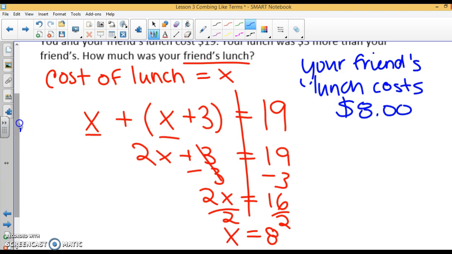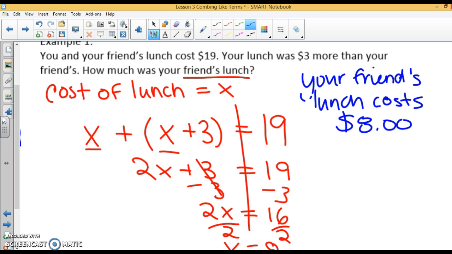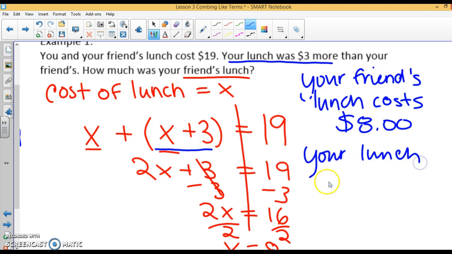It's telling us in the problem up here that your lunch was 3 more than your friend's, and how we wrote it right here, we can figure out that your lunch is just the 8 plus 3, which gives us $11 as your total for your lunch. And a way to check, we could add our $8 and our $11 and we would get $19 as our total.